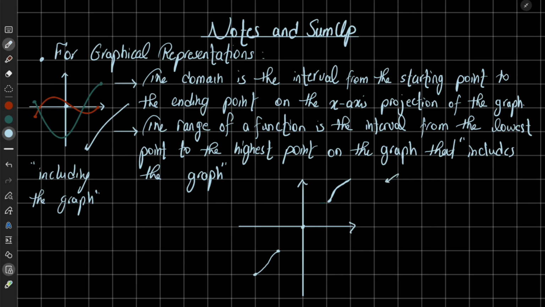Let's take the example of this graphical representation of a function. We can see that it is not continuous. So if we project the graph on the x-axis and the y-axis, we will have this projection on the x-axis and this projection on the y-axis.